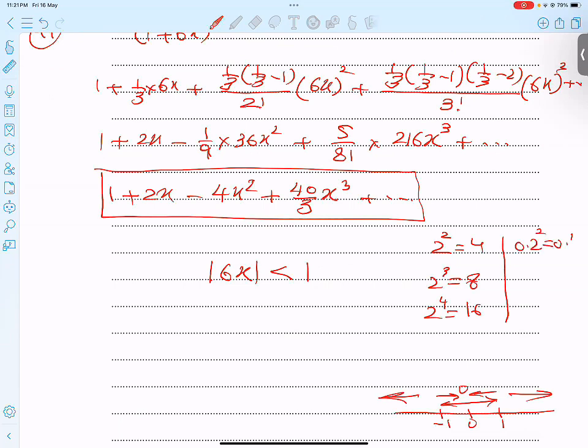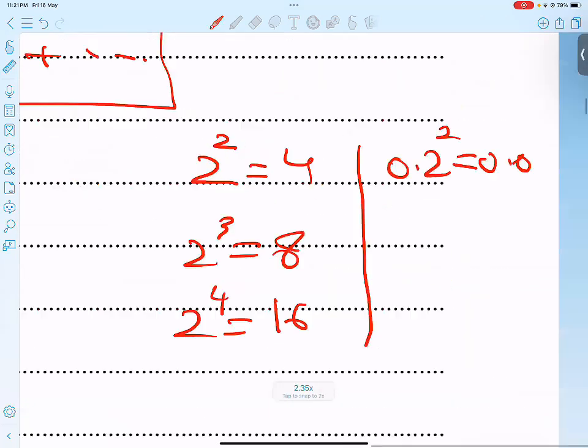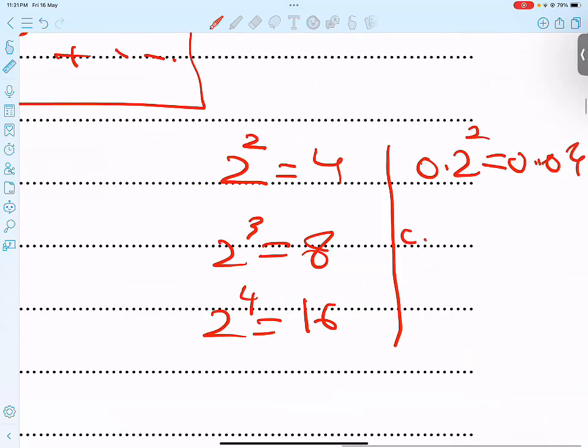For example, if I take 0.2, its square is 0.04, which is naturally smaller. If I take 0.2 cubed, you can check it in the calculator with me, students, I'm getting 0.008, which is again smaller.